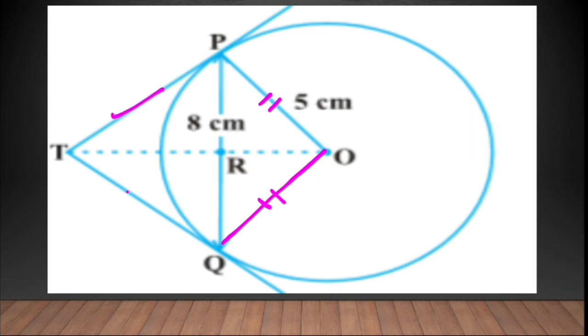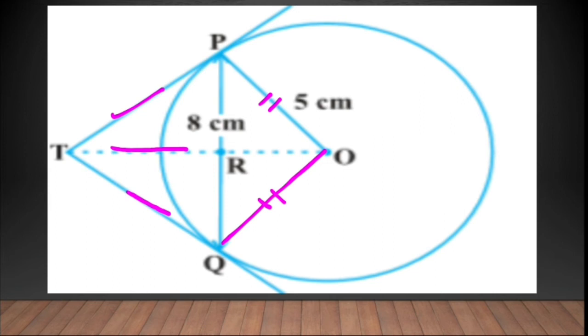This one is equal to this one because they are the lengths of the tangents from the external point, and OT is the common side. So by SSS congruency, these two triangles will be congruent.